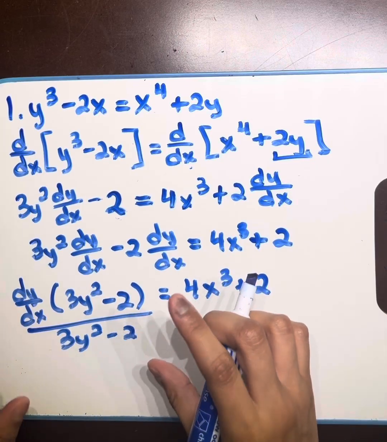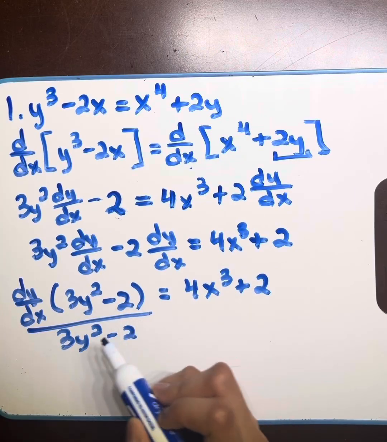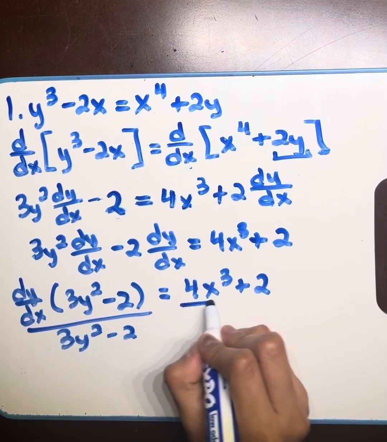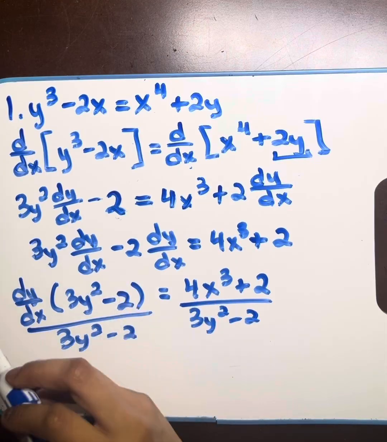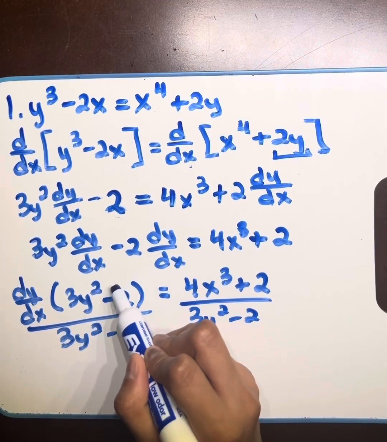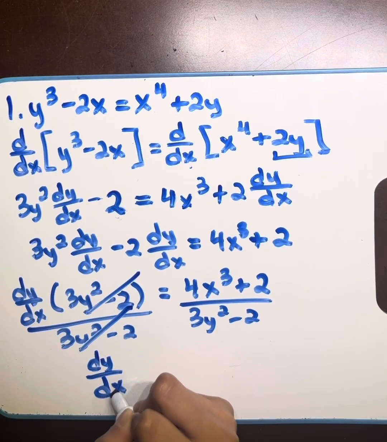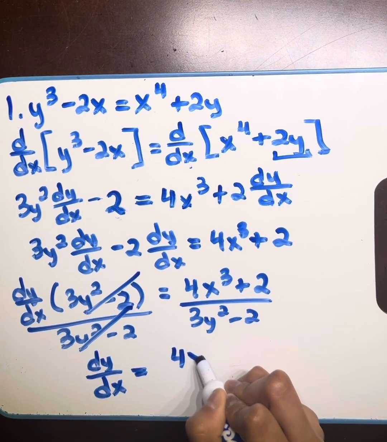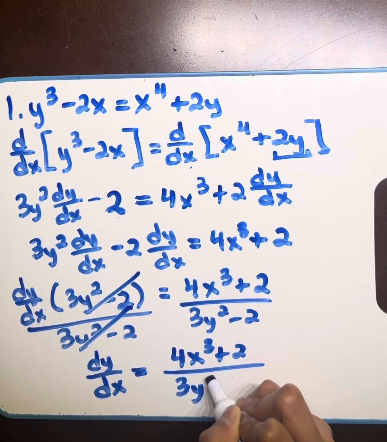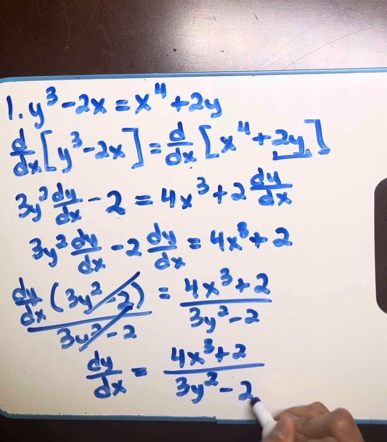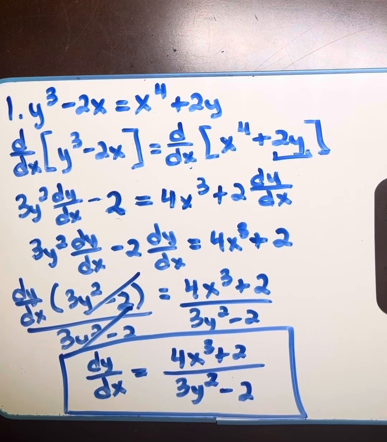If we divide by this whole term, we have to do it to the other side too. So we divide by 3y squared minus 2, and we're left with dy over dx equal to 4x cubed plus 2 over 3y squared minus 2. So this is our answer to finding what dy over dx is equal to.